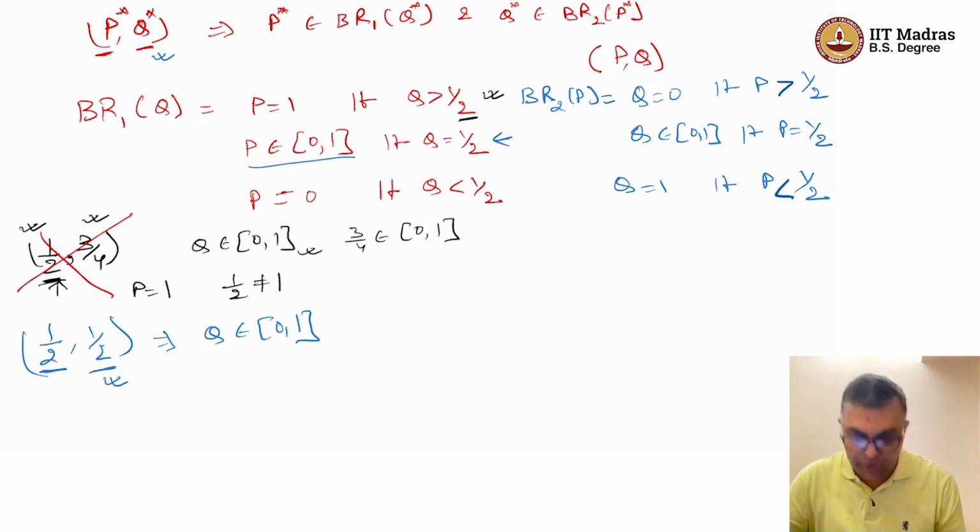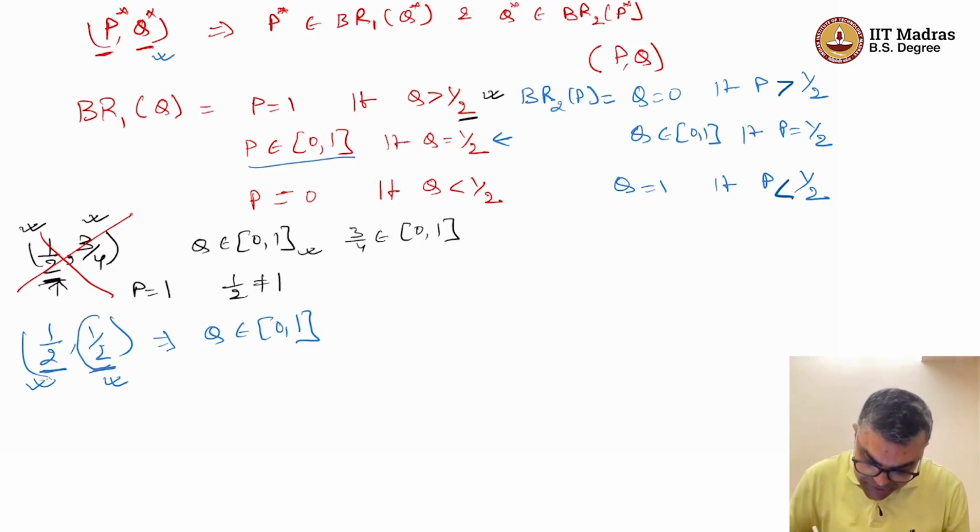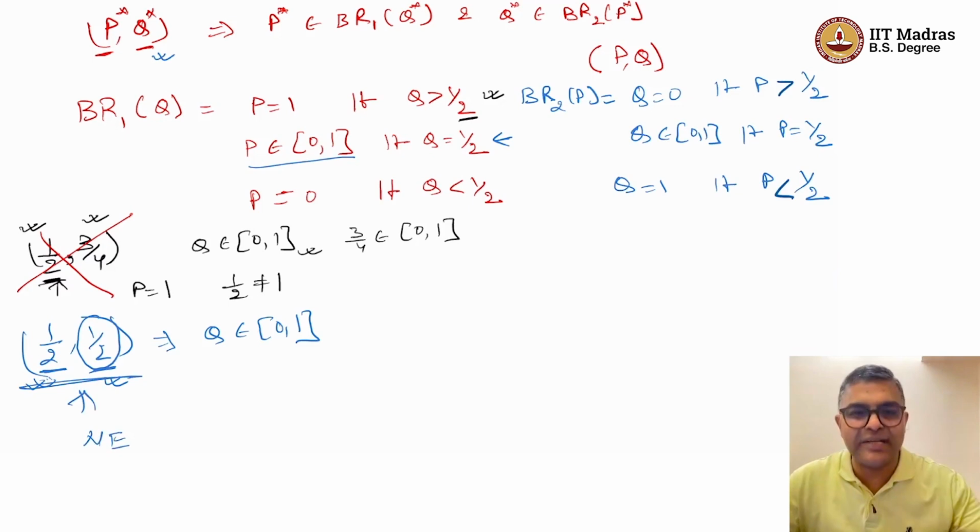Anything between 0 and 1. Half also is there, and therefore this half is also one of the best responses to player 2 playing half. So we can say player 1 is playing one of his best responses given what player 2 is doing, and player 2 is playing one of her best responses given what player 1 is doing, and therefore it is a Nash equilibrium.